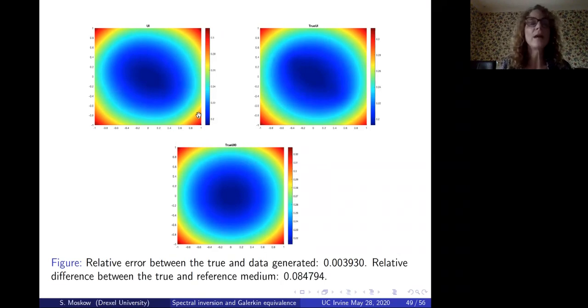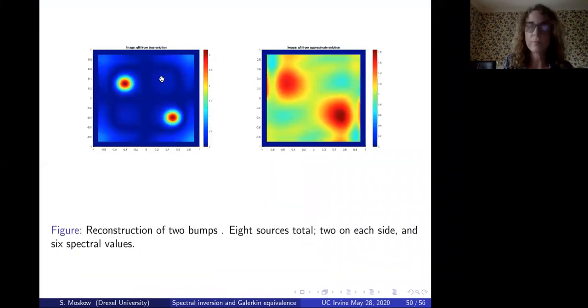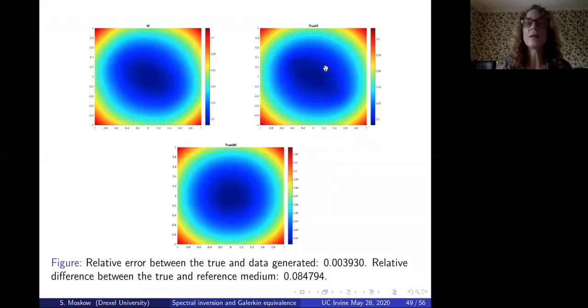So up here, I have the data generated internal solution. And over here is the true internal solution, computed assuming we knew Q. And this is the one generated from the data without knowing Q. And this is the background true solution for comparison.